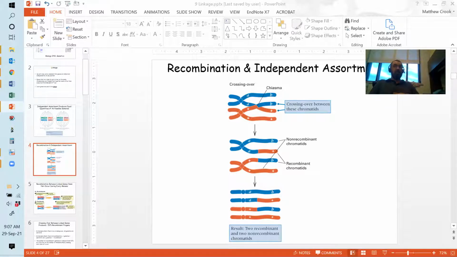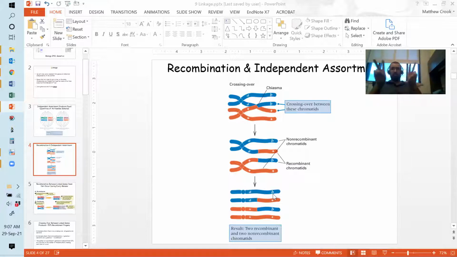So essentially, recombination has to be occurring every single meiosis between those 2 genes. So recombination is occurring all of the time between the non-sister chromatids. And it can never occur between the ones on the outside because they're not in contact with each other, right?